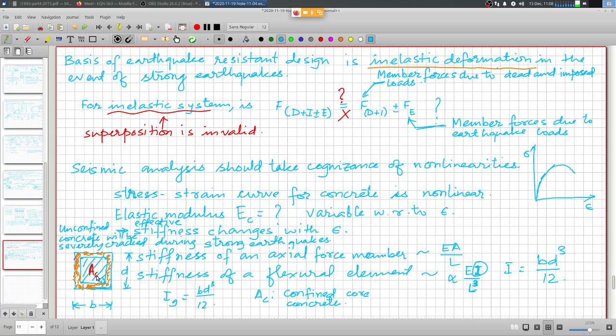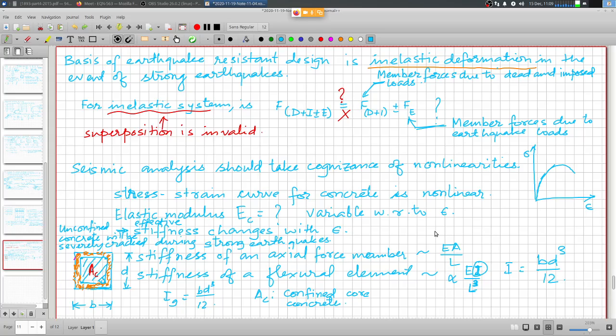So what is the extent of this reduction? Obviously, if you consider the area of concrete, this column, your axial stiffness is EA by L. Now confined core will, of course, this also depends on the kind of axial force. If it is tensile force, then obviously you would not be worried too much.